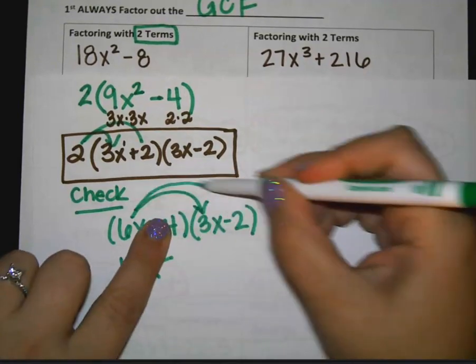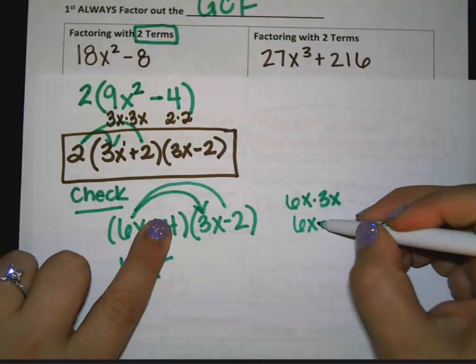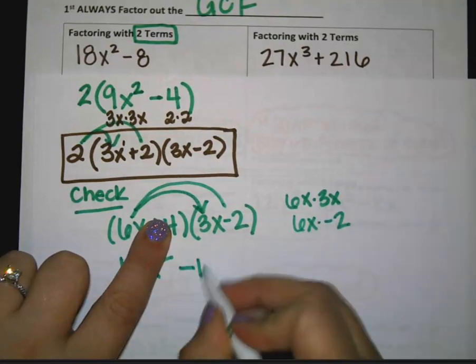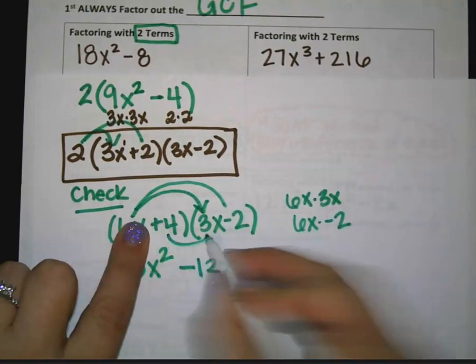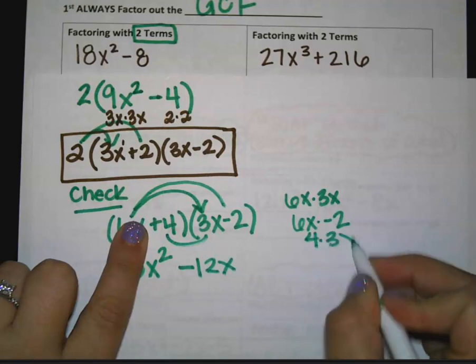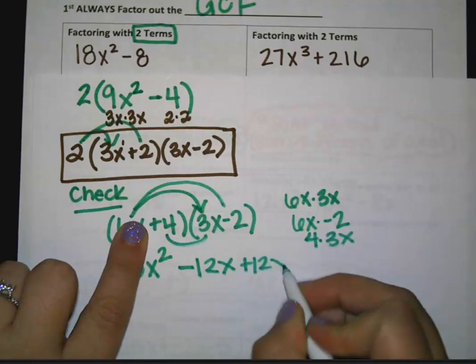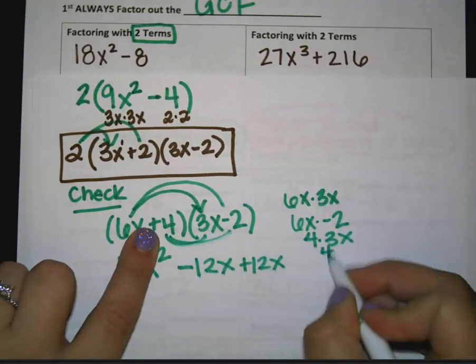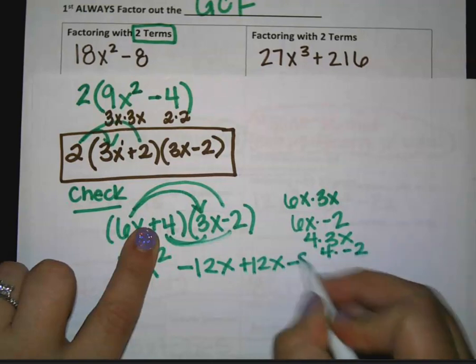And then 6x times negative 2, that's negative 12x. And then 4 times 3x, that's 12x. And then 4 times negative 2, that's negative 8.